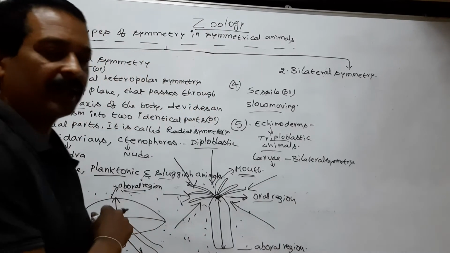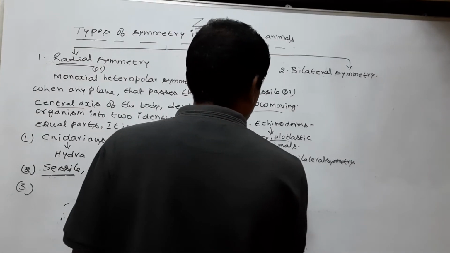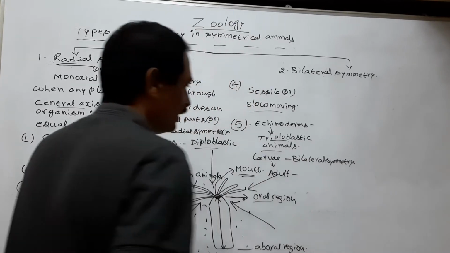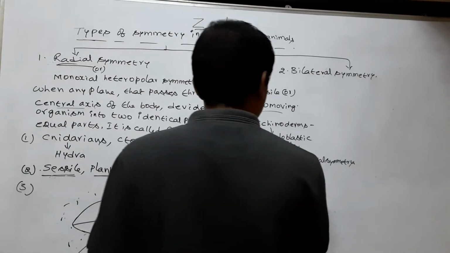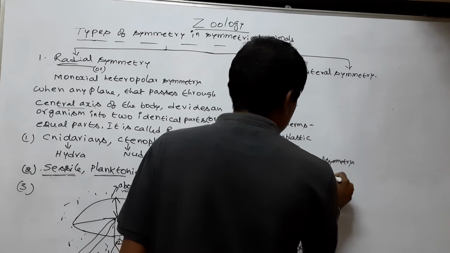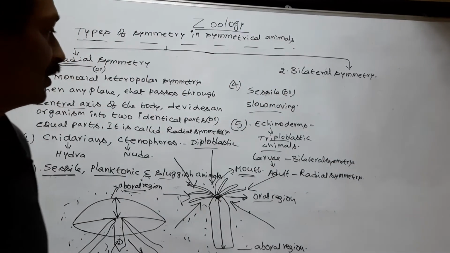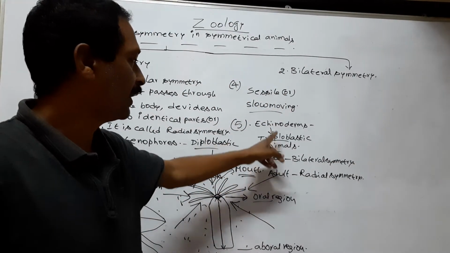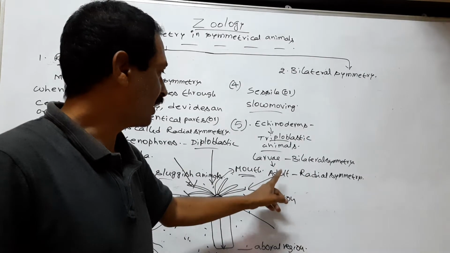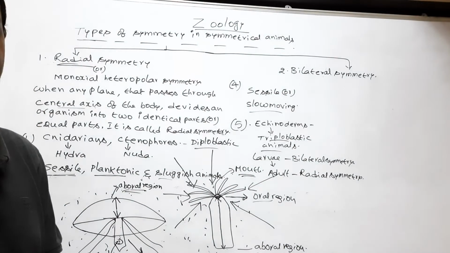Later, the larvae develop into adult echinoderms, but the adult echinoderms exhibit radial symmetry. So the larvae of echinoderms show bilateral symmetry, but the adults show radial symmetry.